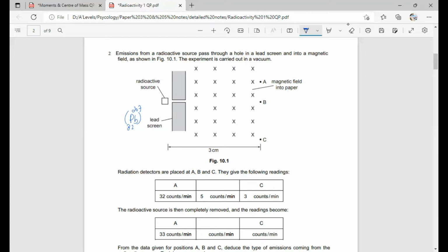So alpha carries positive charge, beta carries negative charge, and gamma carries zero charge. So over here, where do we get these kinds of radiations? First of all, from the radioactive chamber at point B, we get gamma.